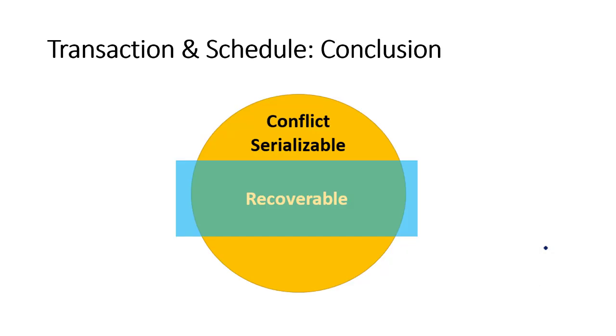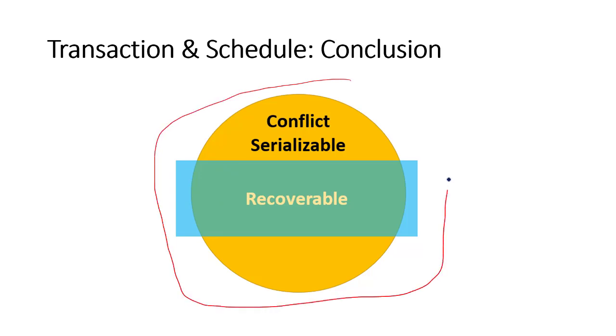So if we put it into the diagram, we are going to allow the schedules which are conflict serializable and recoverable. Remember, it is and, not or. So this is the minimum criteria to allow a schedule in the system: conflict serializable and recoverable.